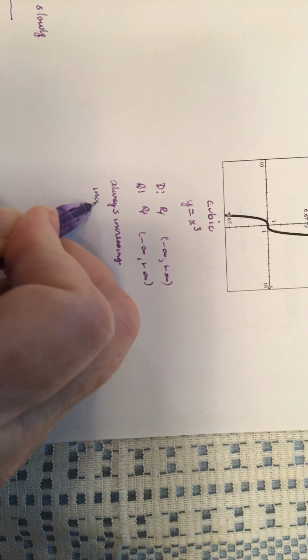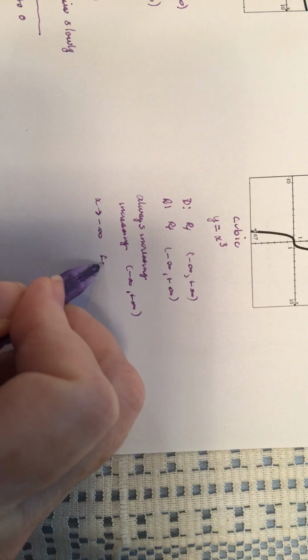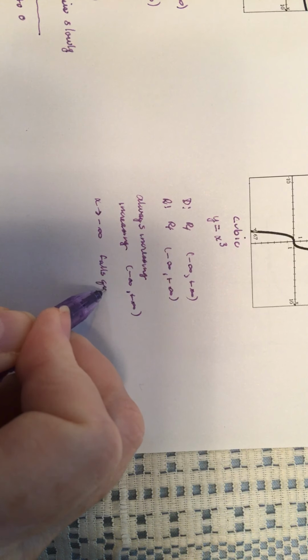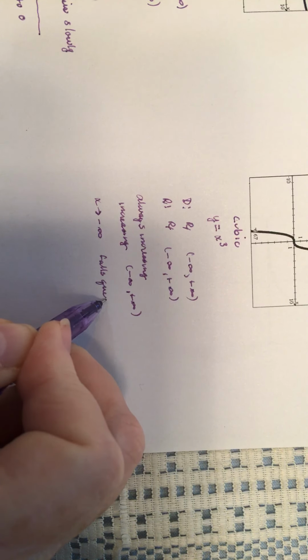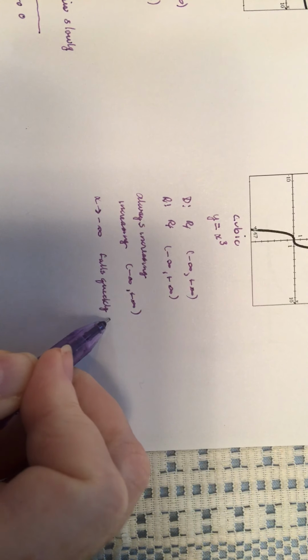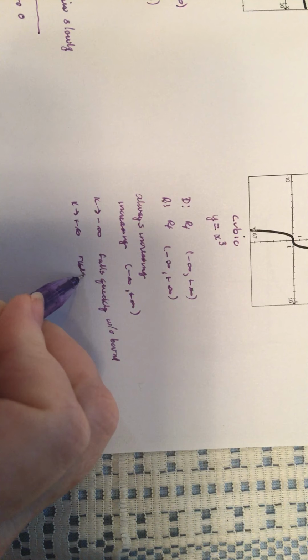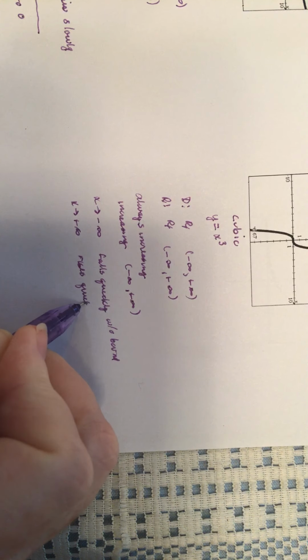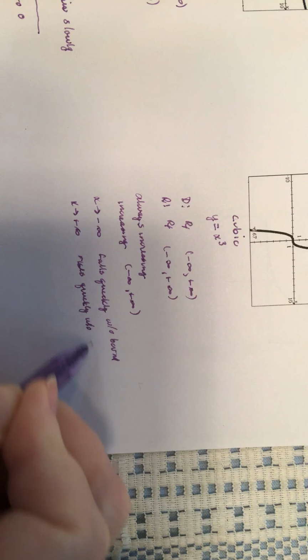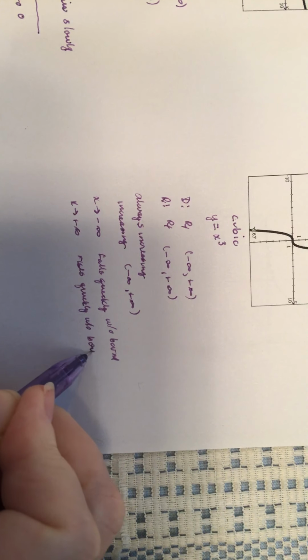There are no minima. And what happens as x approaches negative infinity? We find out that the graph falls quickly, or just falls without bound. And as I approach positive infinity, it rises quickly, or just rises without bound.